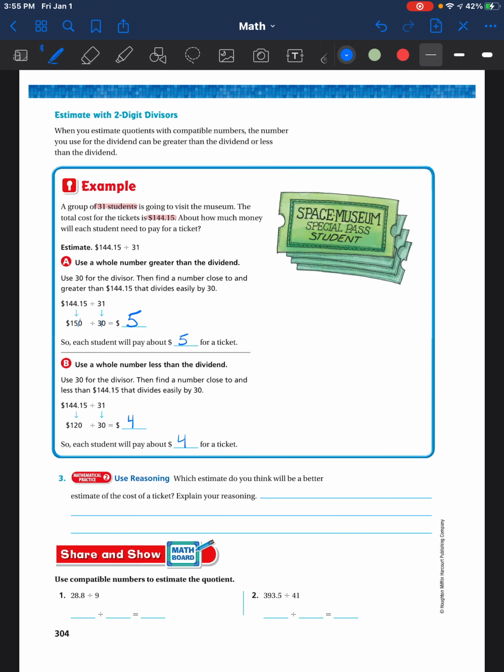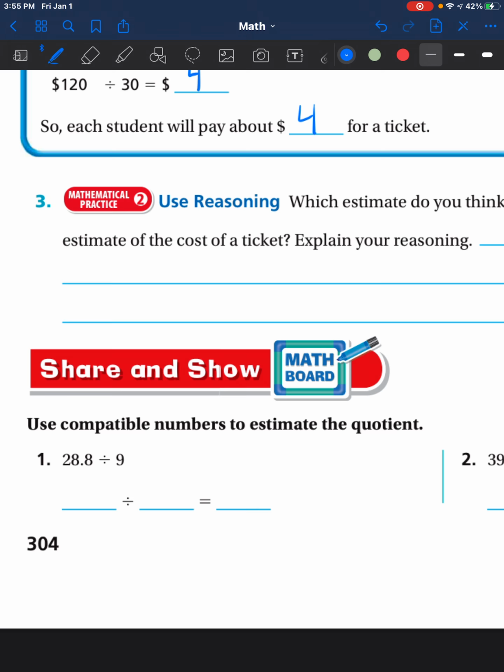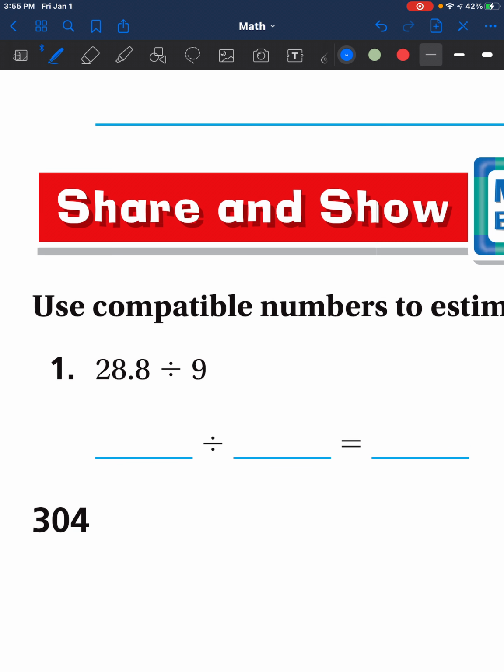All right, let's look at numbers 1 and 2 down here at the bottom. 28 and 8/10 divided by 9. Well, to me, 9, I could leave it 9. I could do that. And I could estimate 28 to be 27 because 9 times 3 is 27.